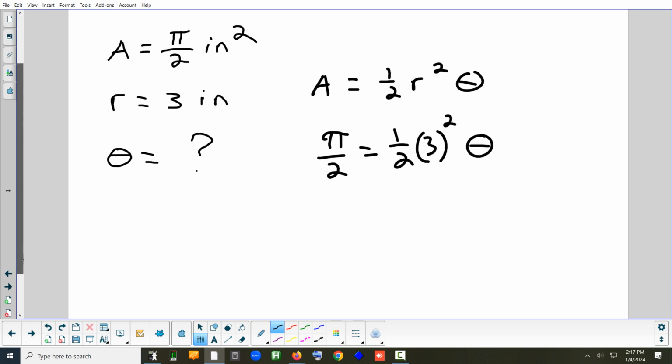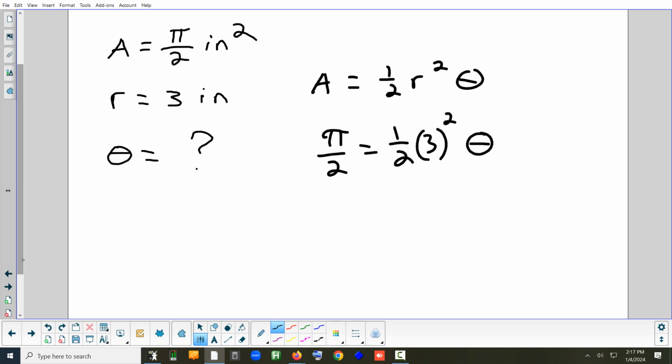Okay, order of operations. What do you do first on the right? Exponent. So what's 3 squared? 9. And leave your answer as a fraction. It's going to be a lot easier. What's half of 9? 9 over 2.